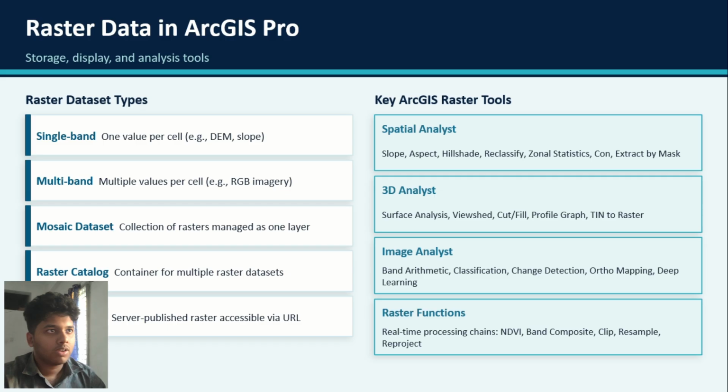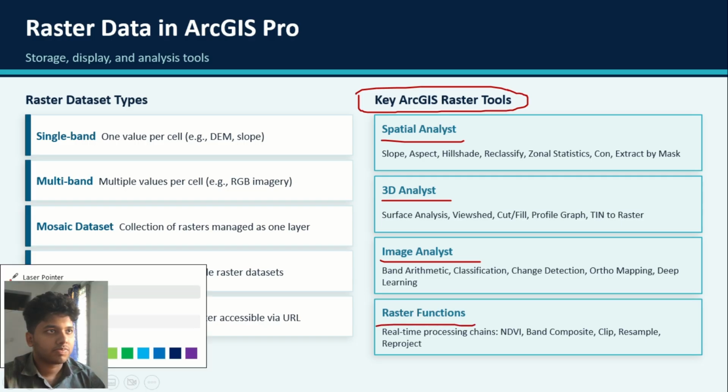And to be honest, the key ArcGIS raster tools are the most important. So we have Spatial Analyst, which contains the most used tools we're going to use later in our video. And we have 3D Analyst tools, Image Analyst tools, and raster functions that we use to define our raster data set.